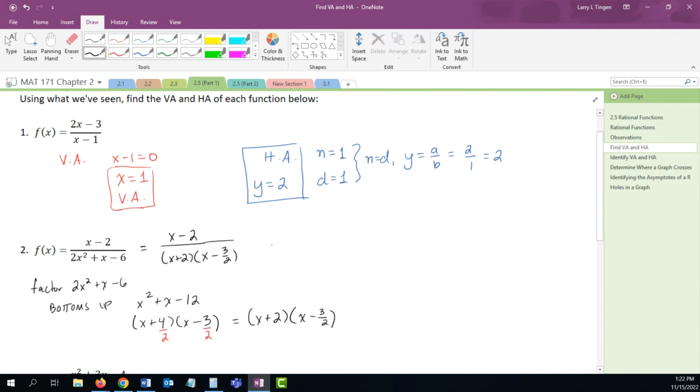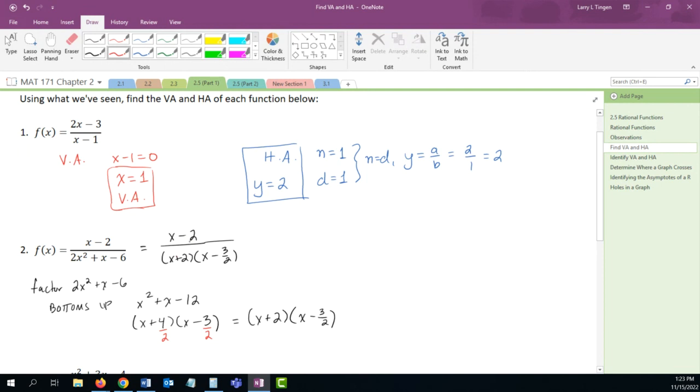Why is that helpful? Because my vertical asymptotes are the values of x that make the denominator 0. Right? What values make the denominator 0? Those are my vertical asymptotes.